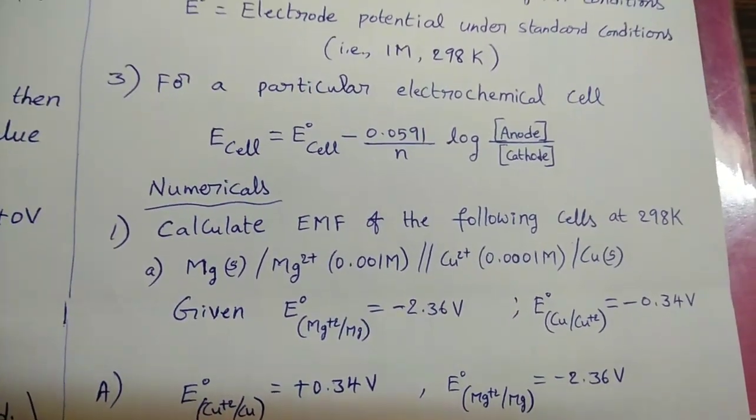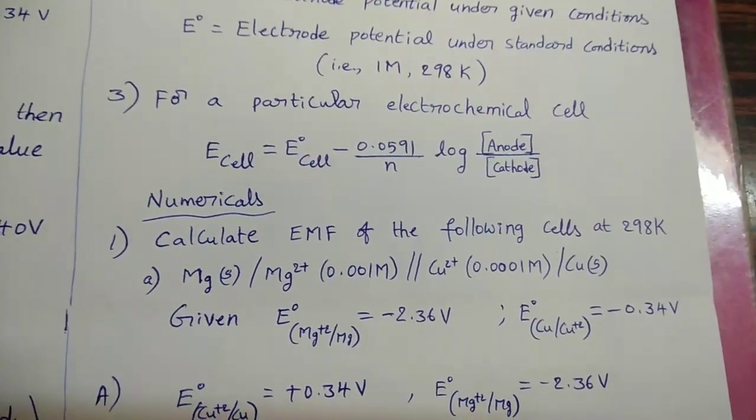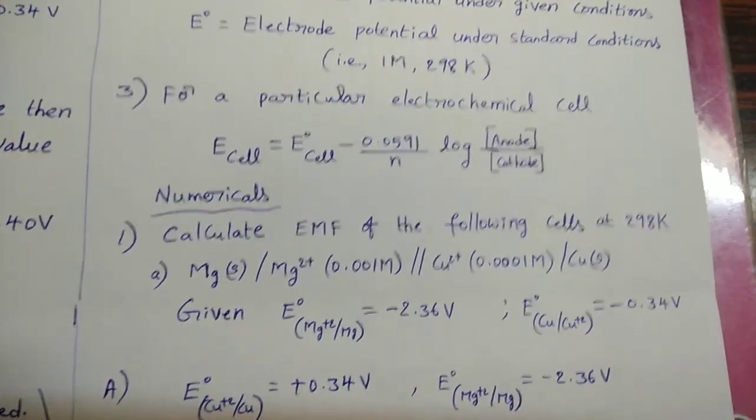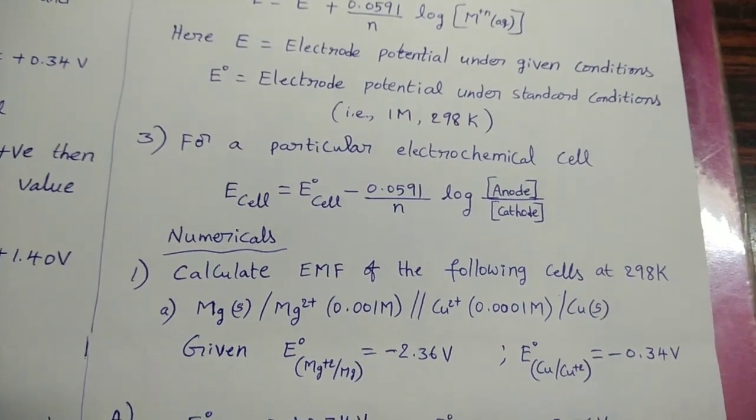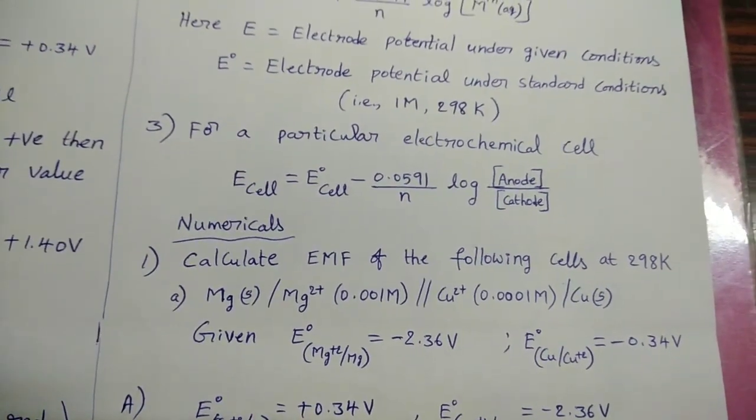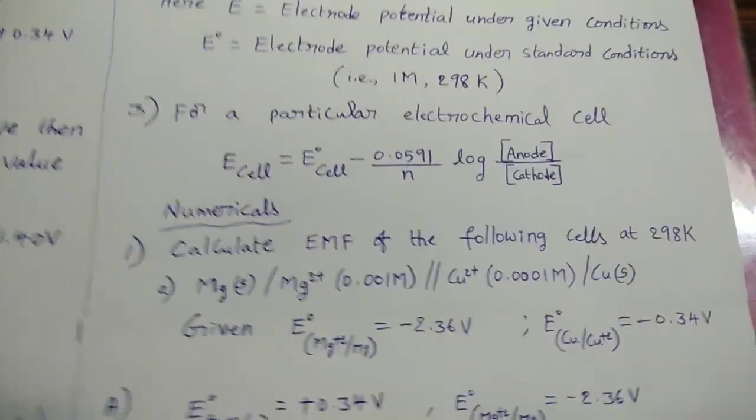First one is magnesium. This is the cell representation. Magnesium metal present in the solid state, magnesium ion concentration 0.001 molar, and copper ion concentration 0.0001 molar, and copper metal.